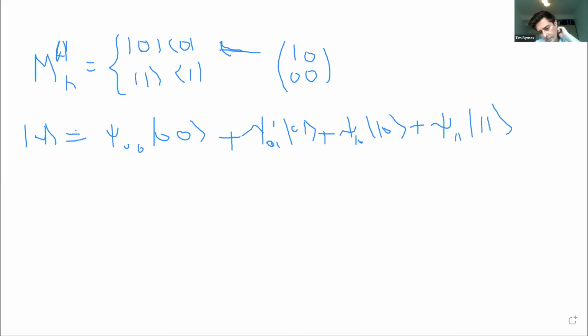Okay, so basically in a two-particle system, we now have a four-dimensional vector, right? So if we've got a four-dimensional vector, then we need a four-dimensional matrix in order to do the measurement, because obviously the dimensions have to be compatible, right?